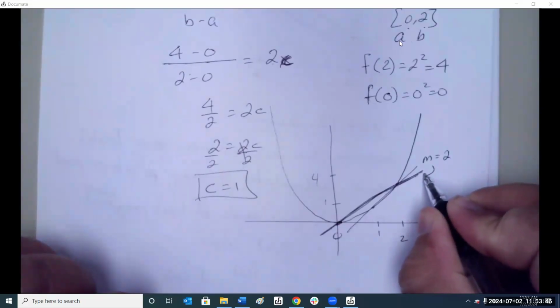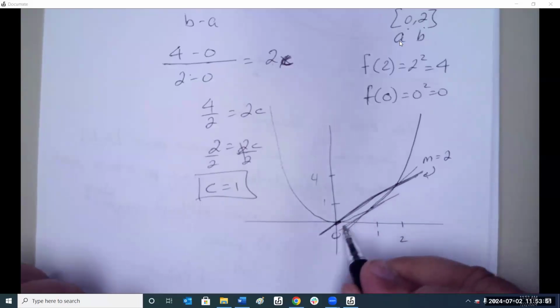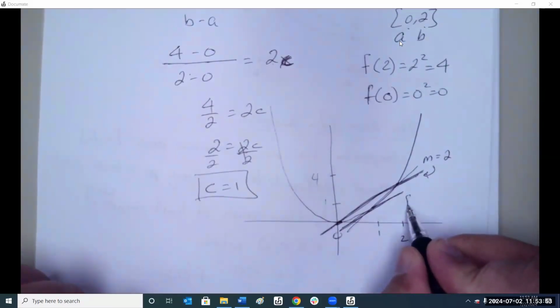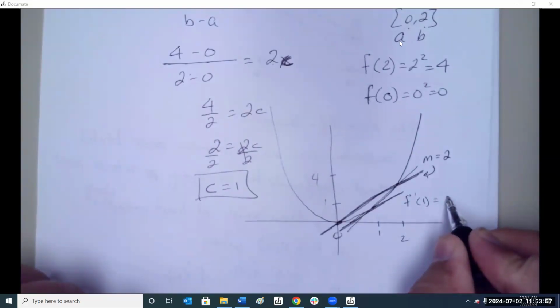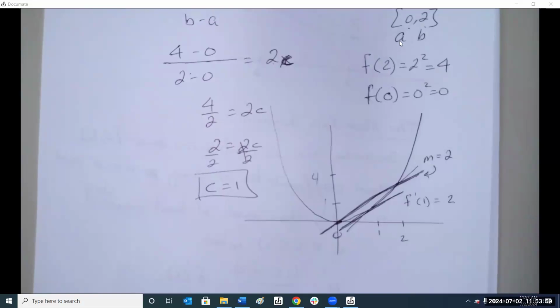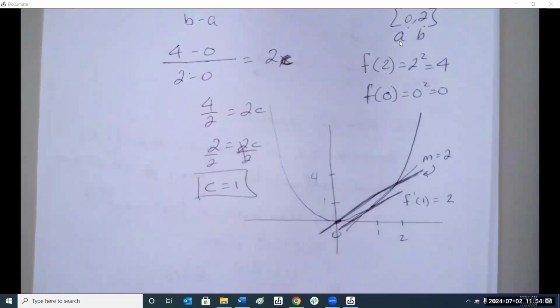The slope of that line is 2. At 1, the slope of that tangent line equals 2 as well. So these two lines are parallel, which is what the mean value theorem tells us.